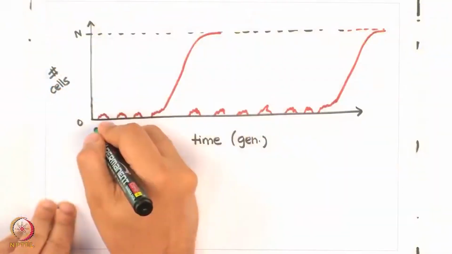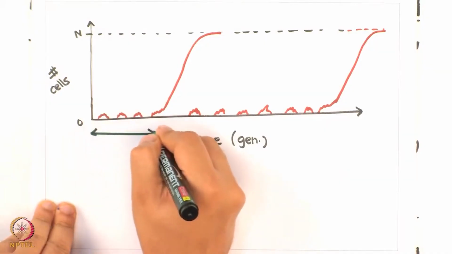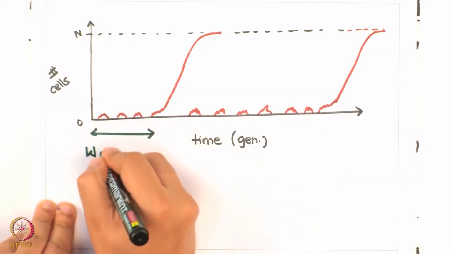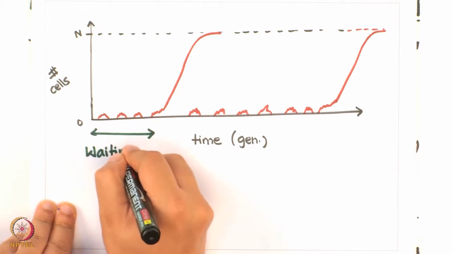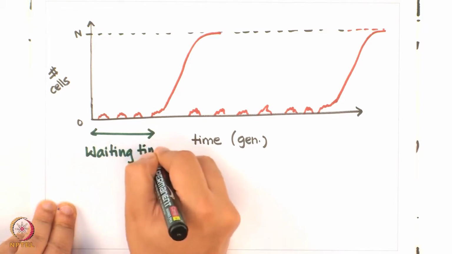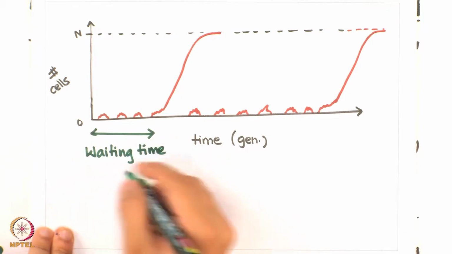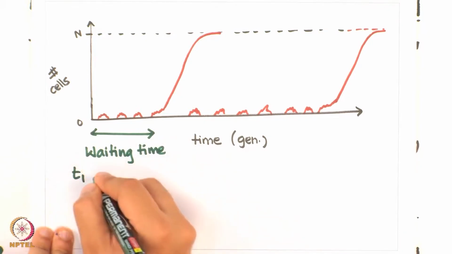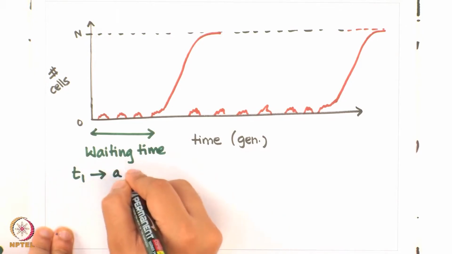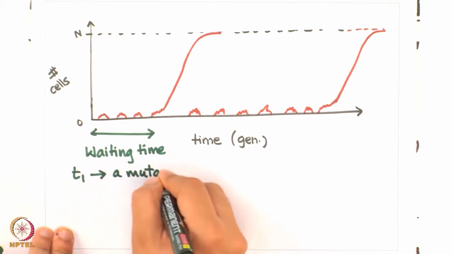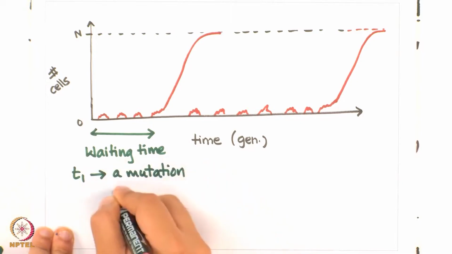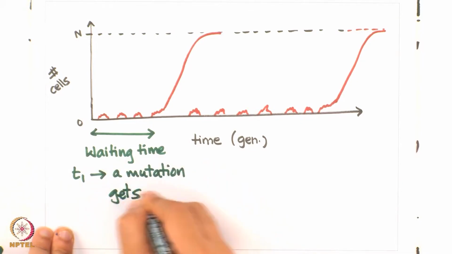So, the first thing that we want to understand is there are two quantities here. What is the waiting time T1 such that a mutation gets established?